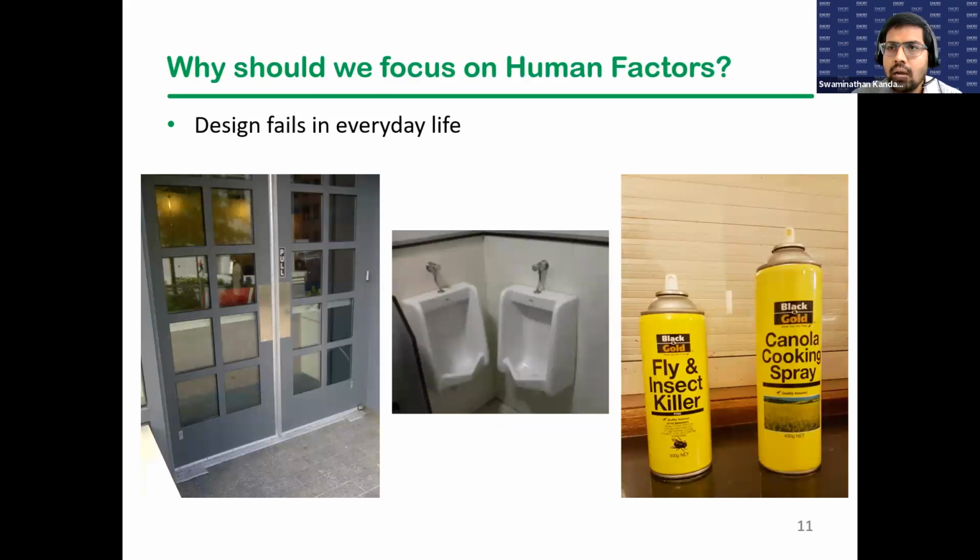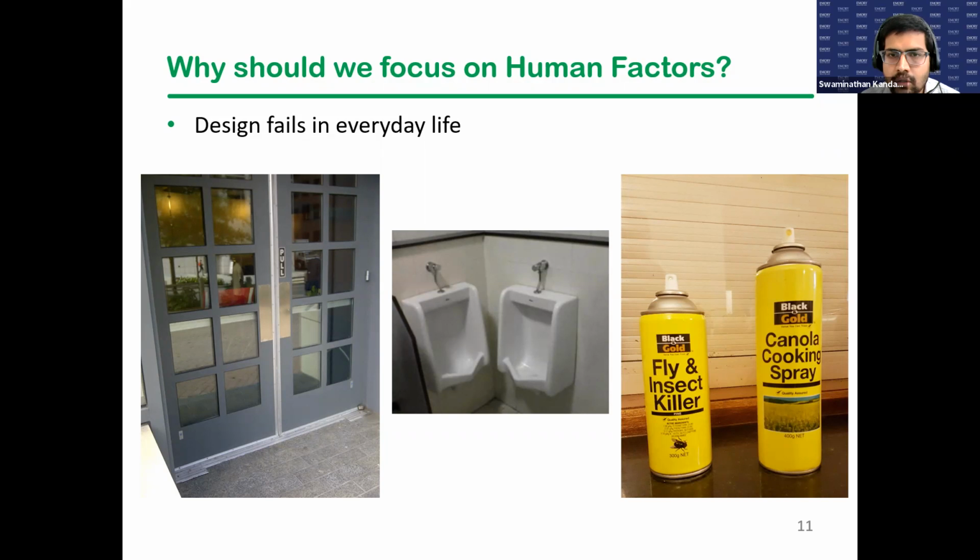And so I'm going to start with some examples that we may have in everyday life to start thinking about how common practices or common designs can lead to errors. In the image on the left, the sign is asking us to pull, but there is no affordance offered to actually pull the door, and it's setting us up for failure.